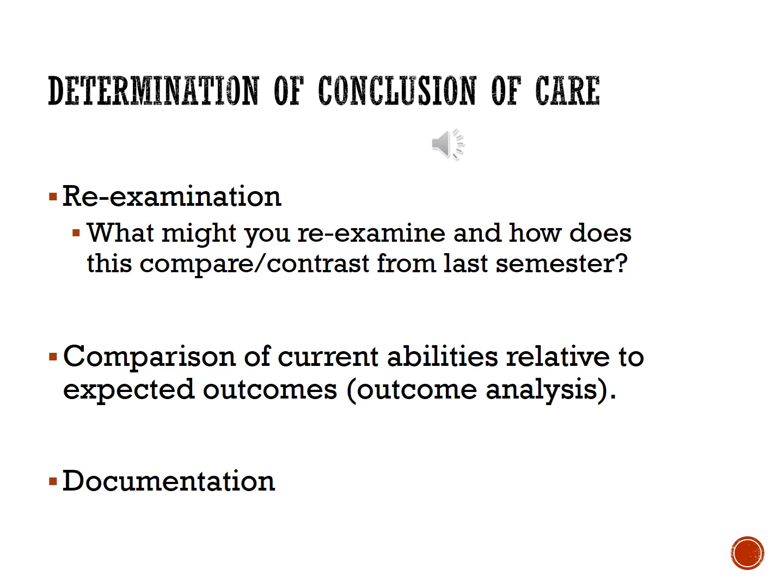So you will compare their behaviors and their abilities on their outcomes from when you first started seeing them, and then you'll retest those outcomes and any other tests and measures that you find pertinent and that link to function, and you'll compare and contrast their current abilities as it relates to their baseline and where you expect them to be or what you set that outcome for. You'll do that comparison and summarize your findings into documentation, which would then serve as your conclusion note.